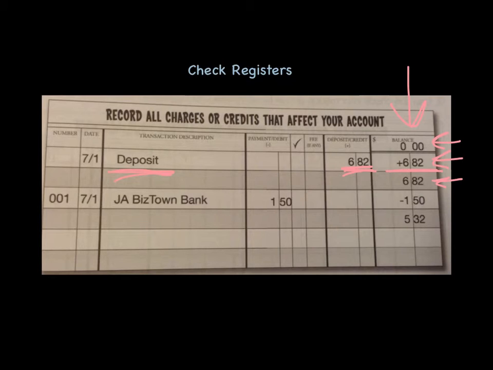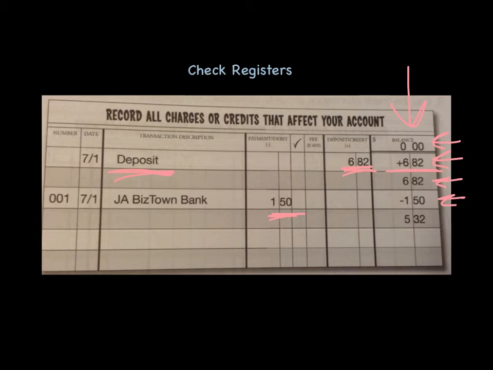Now, the next thing she did after she deposited this money, she did write a check to J.A. Biztown Bank. So she wrote the check for $1.50. So she's going to take $6.82 minus $1.50 because she spent $1.50 at J.A. Biztown Bank.